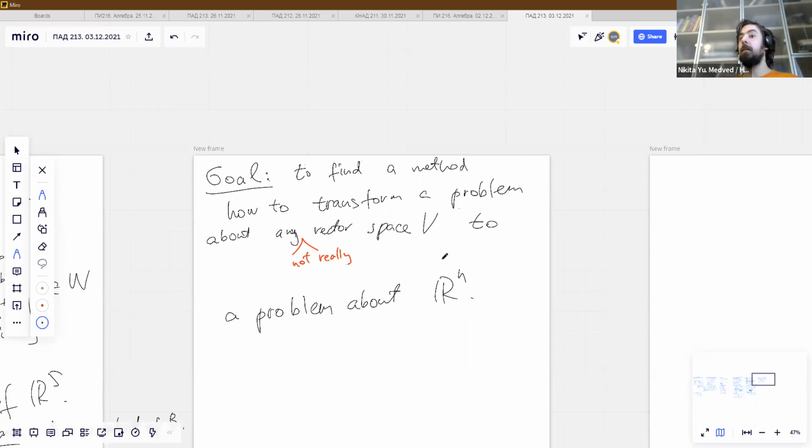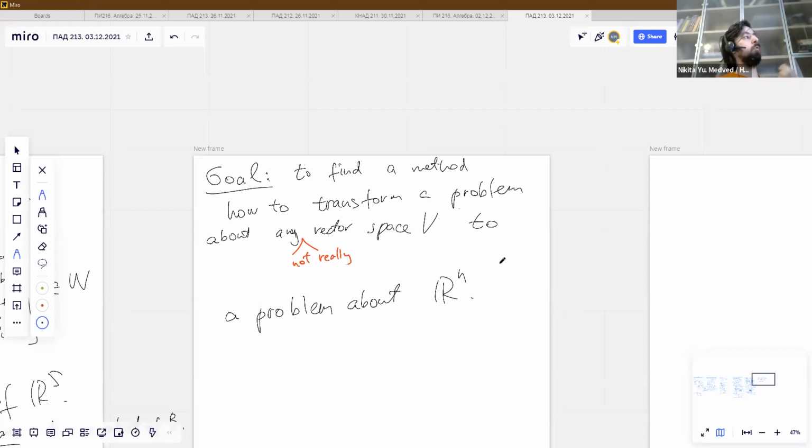And after that, we will obtain a method how, instead of solving some things about functions or polynomials or matrices or geometric pictures, to replace any such problem with a problem about columns. And then we will use the language of matrices to work with such problems. That's exactly the main goal of linear algebra and the reason why matrices were invented.